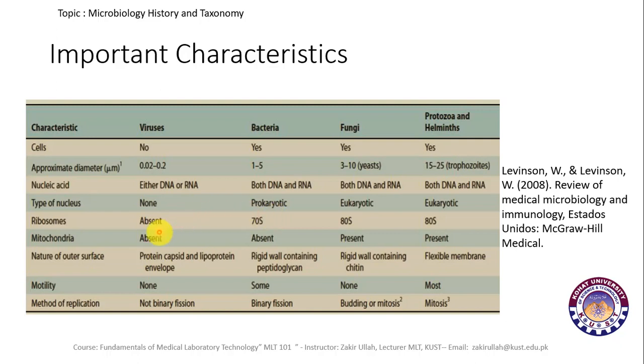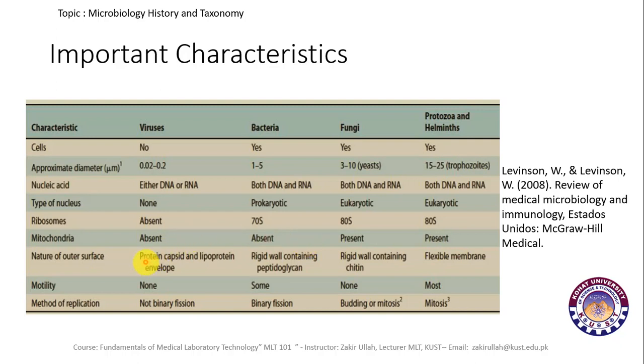Ribosomes are absent in the viruses and present in the bacteria, but their size is smaller, 70S, as compared to the fungi and helminths, which have 80S. The mitochondria are absent in the viruses and bacteria, but present in the eukaryotes: the fungi, the protozoans and the helminths.